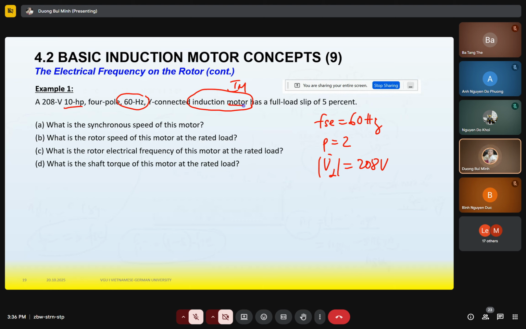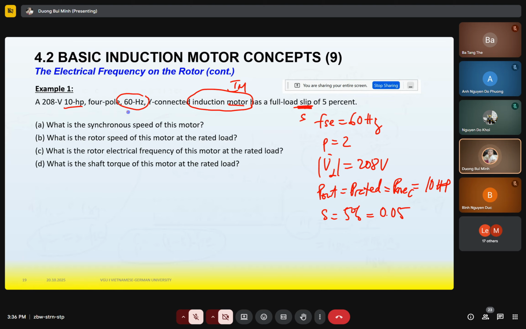This is a motor, right? So we have P_out, rated mechanical, and this one is 10 HP. And they give us the slip, S. So S is 5%, 5% means 0.05.